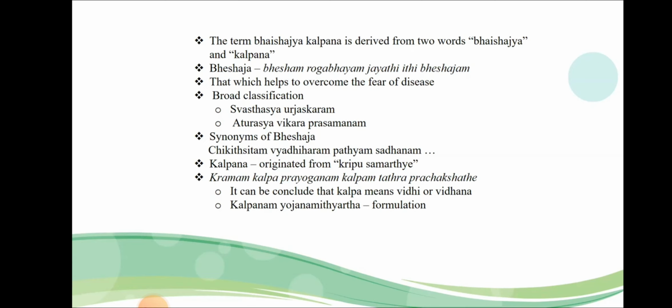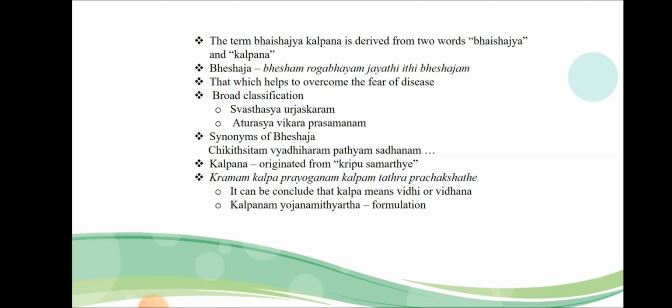So etymologically, Bhaishya is a substance which is given by the physician to a patient with a view to treat a disease. And Bhaishya is also known as Aushadha, that means the substance which imparts health. Okay, so that is the Nirukti of Bhaishya, Bheshaja, and Aushadha.